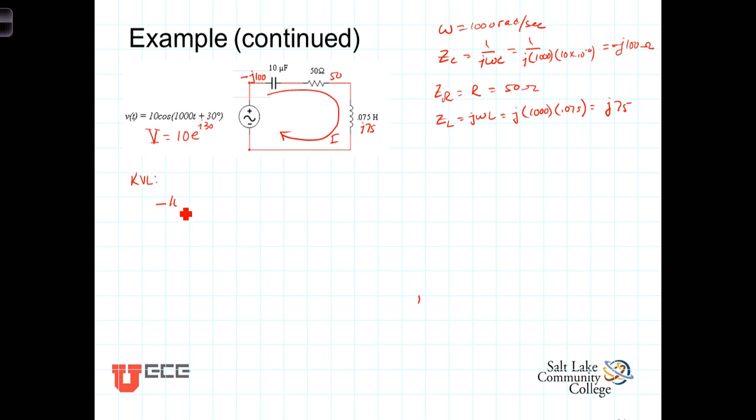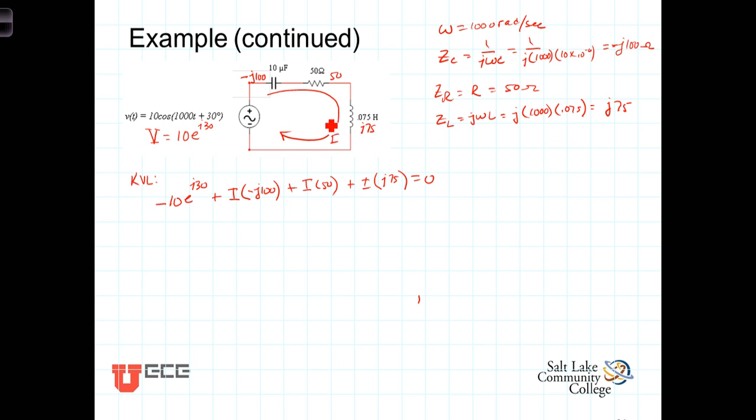That would be a negative 10 e to the j 30, plus the voltage drop across that capacitor, which will be the current I times the impedance, negative j 100. Plus the voltage drop across the resistor is going to be I times 50. Plus the voltage drop across that inductor is going to be I times the impedance of that inductor, which is j 75. And the sum of those terms then equals 0.